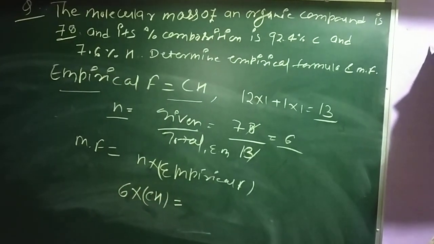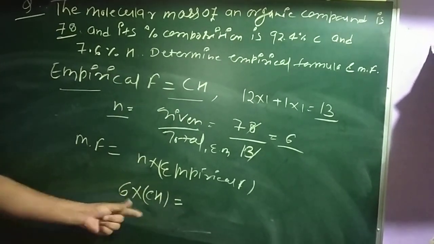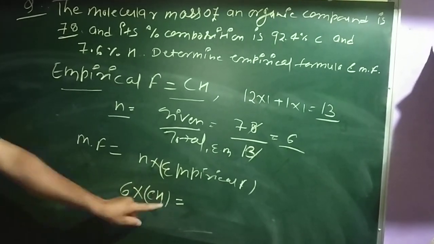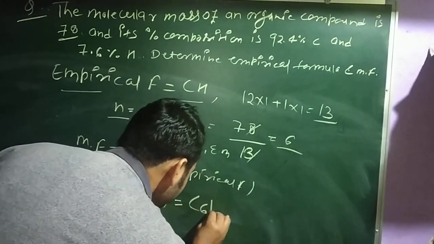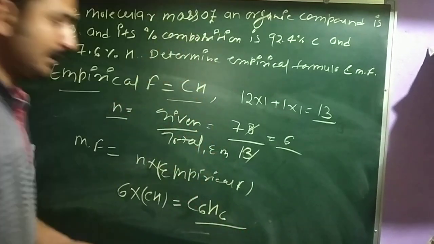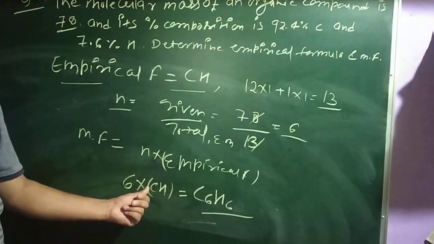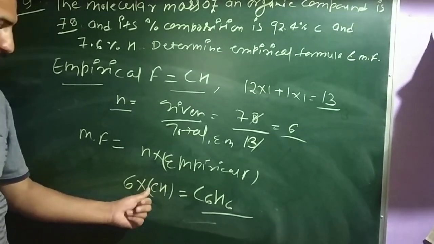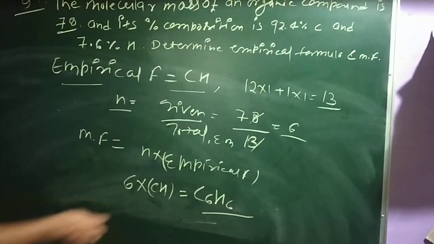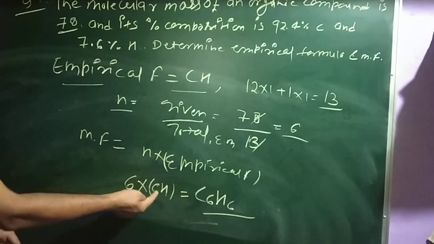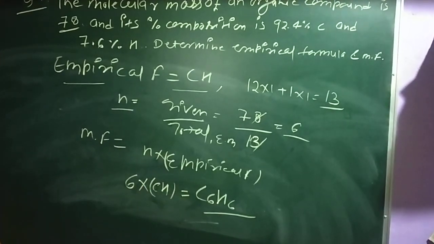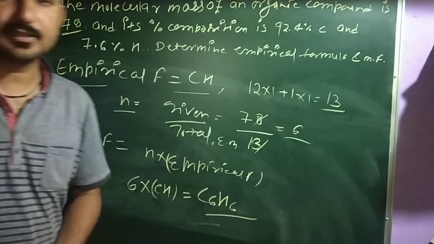So the formula is C6H6. Multiply this 6 here, not in the coefficient. Clear? Because you have 1 C and 1 H, 1 into 6 is 6, and 1 into 6 is 6. So the formula is C6H6.